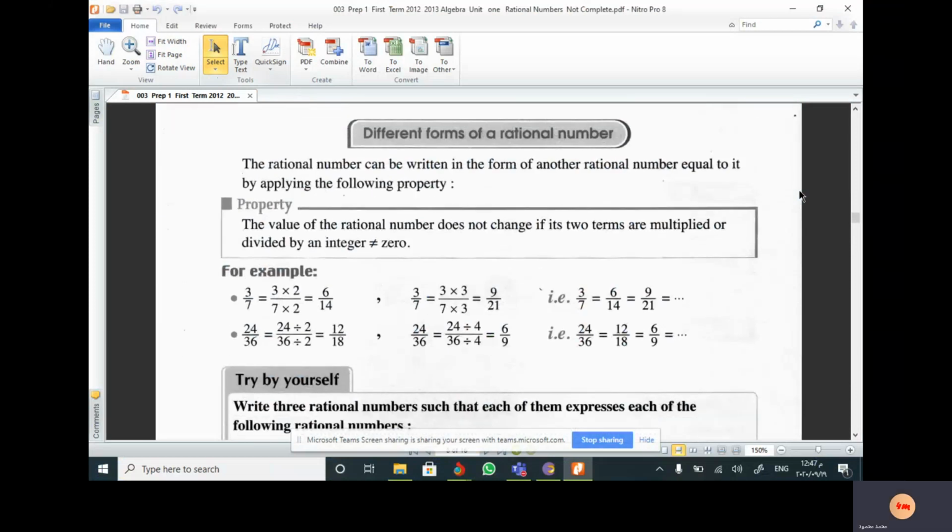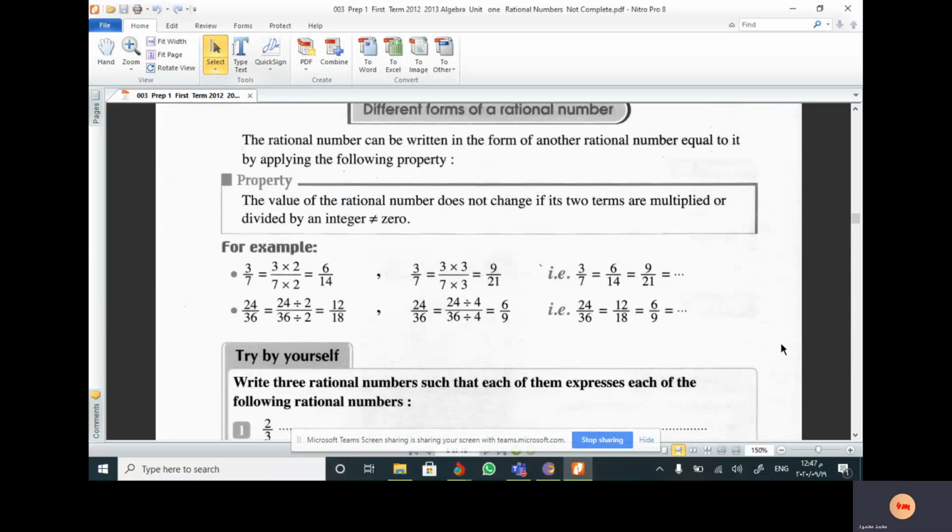Different forms of rational number. The rational number can be written in the form of another equal rational number. The value of the rational number does not change if its two terms are multiplied or divided by the same integer, but this integer is not equal 0. 3 over 7, if you multiply 3 and 7 by 2, you will get 6 over 14.